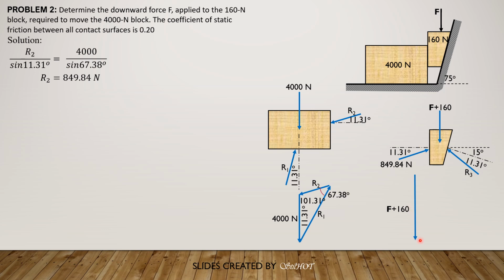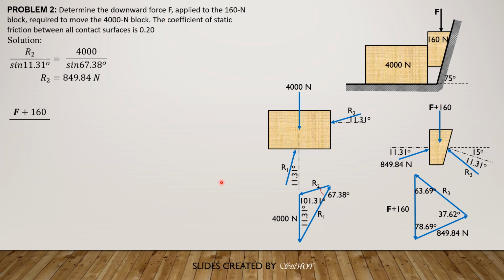So this is the first triangle of this wedge. We have F plus 160. Next is 849.84, which makes an angle with the horizontal of 11.31. So with the vertical, it makes an angle of 78.69. And so this is R sub 3, which makes an angle with the vertical of 90 minus 15 minus 11.31 degrees, so 63.69 degrees. So this remaining angle is 180 minus 63.69 minus 78.69, so 37.62 degrees.